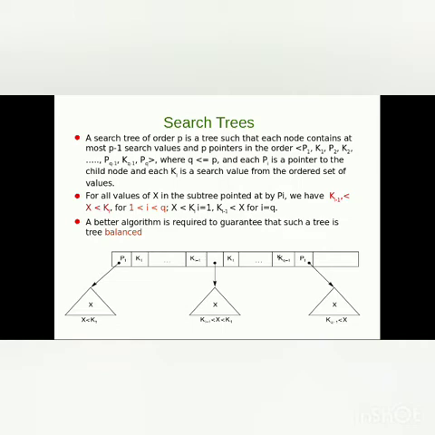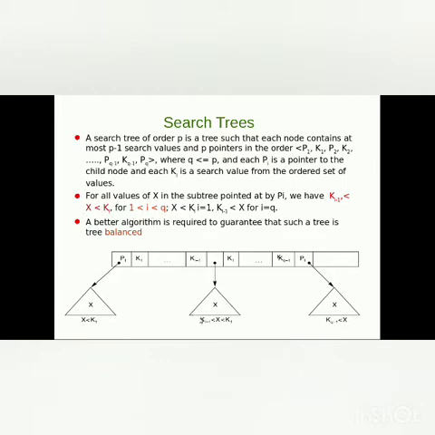Here p1, p2 up to pq are pointers, and k1, k2 up to kq minus 1 are the q minus 1 search values or search keys. For all values of x in the subtree pointed to by pi, we have ki minus 1 less than x less than ki, for 1 less than i less than q.